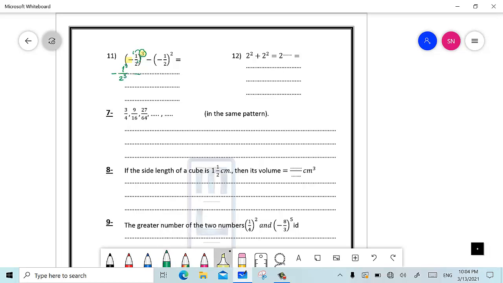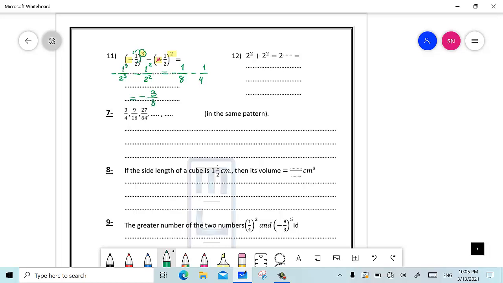Minus, and I go and look again, I find the negative number raised to an even power. So this means that the negative sign is going to be cancelled. I have now 1 raised to the power of 2 over 2 raised to the power of 2. And this is going to equal negative 1 over 8 minus 1 over 4. And at the end, I'm going to have this equal to negative 3 over 8.